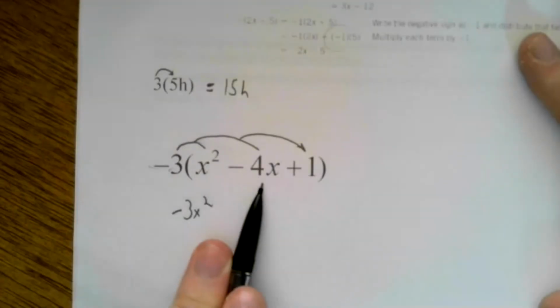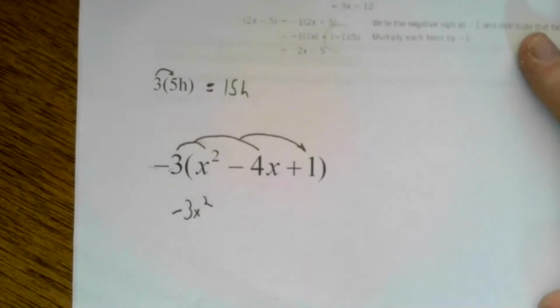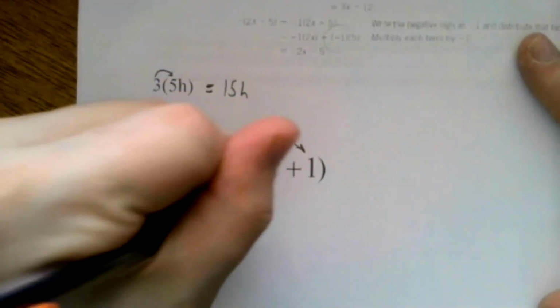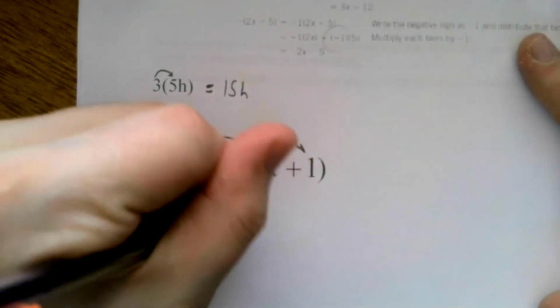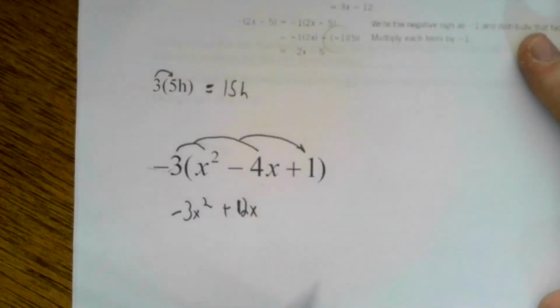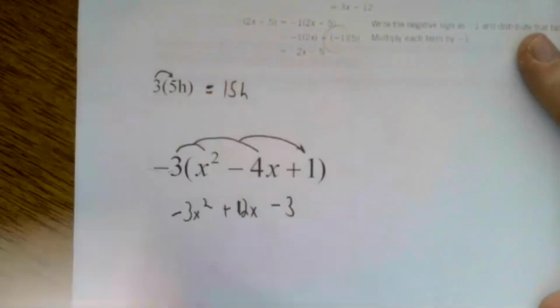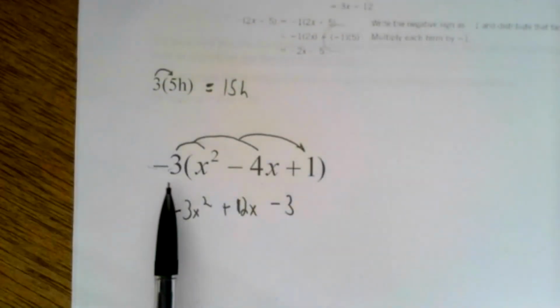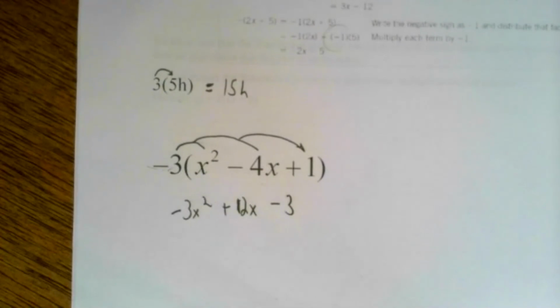Negative 3 times negative 4x is a positive 12x, positive 12x. And negative 3 times a positive 1 is a negative 3. Okay. So all we're doing is just distributing that one number into all the terms that we have in the parentheses. Okay. All right, any questions on this first page?